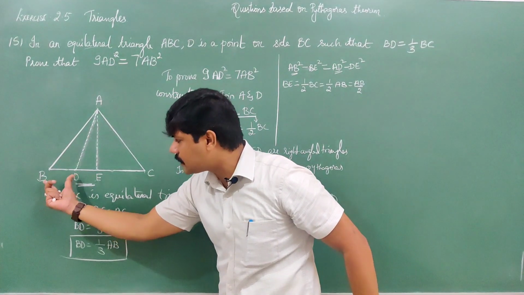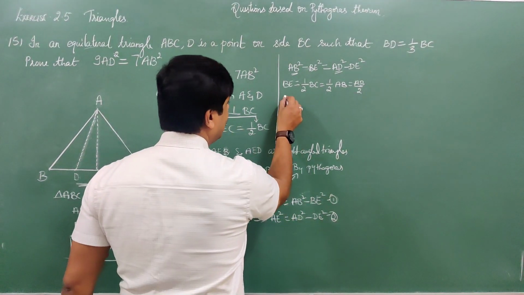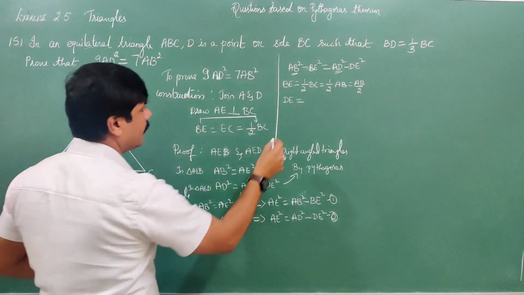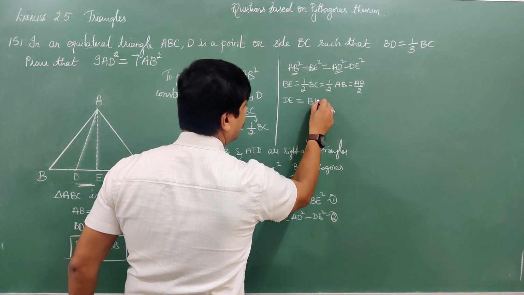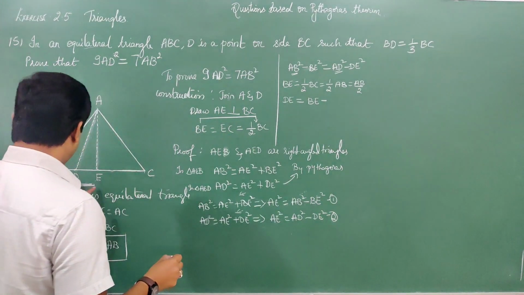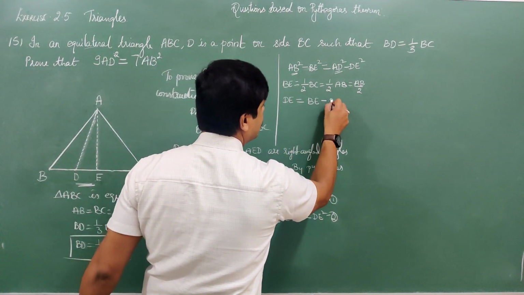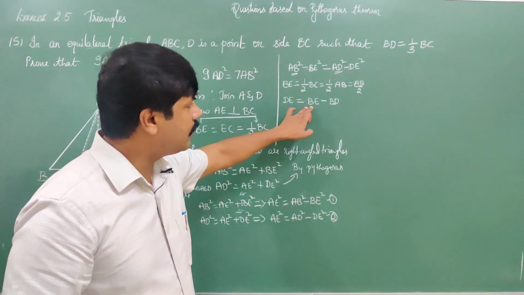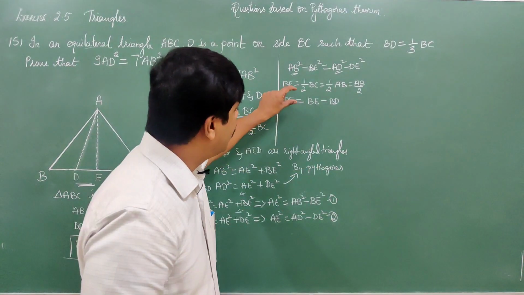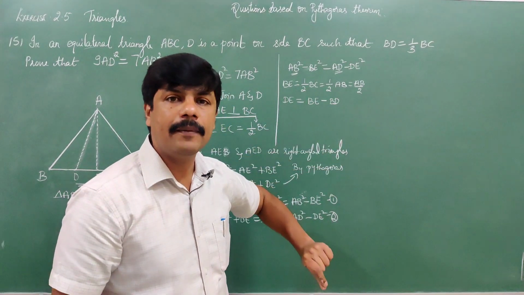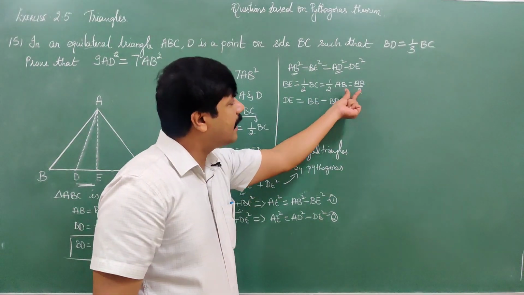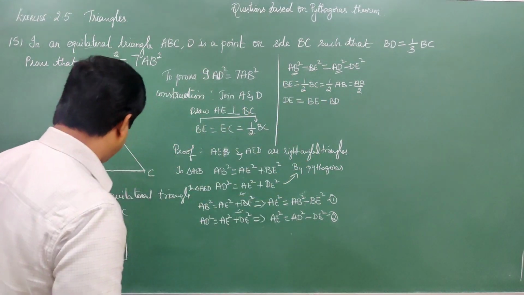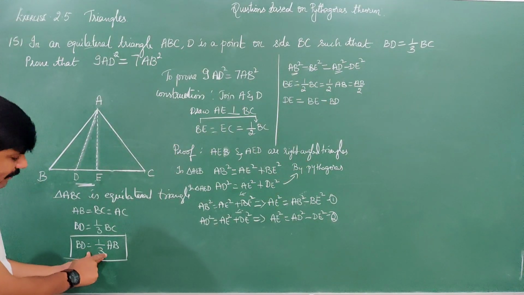Therefore, DE is equal to BE minus BD. Why have I taken DE as BE minus BD? Because for BE we have AB by 2, and for BD we had 1 by 3 AB.